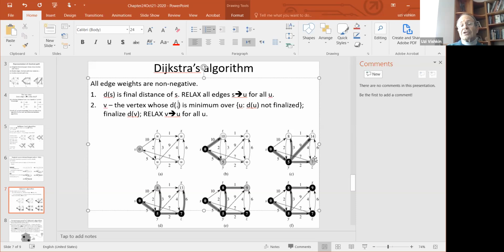So the only edge which invites a relaxation is the one going to X. So we do 7 plus 6, which gives me 13, which is better than 14. So I update it to 13. And now I move to the next iteration, where I select the vertex with the smallest label, which is T, because T has 8 and this has 13. Okay.